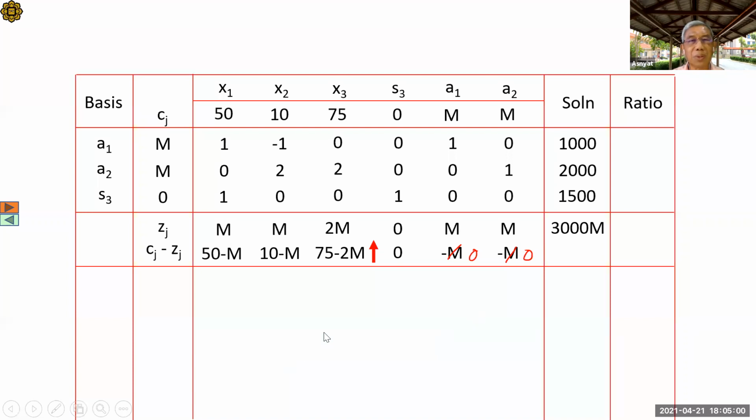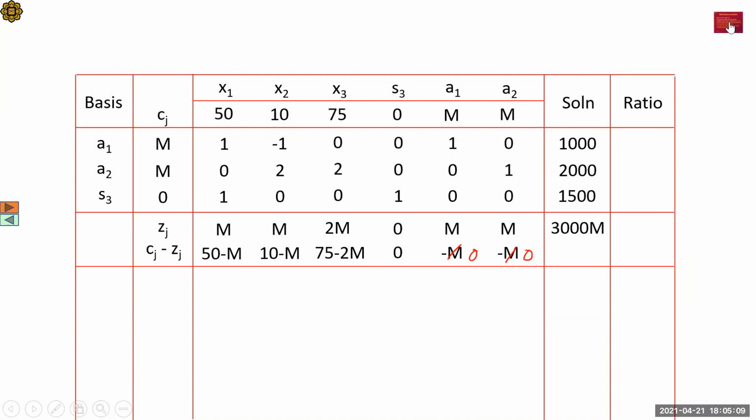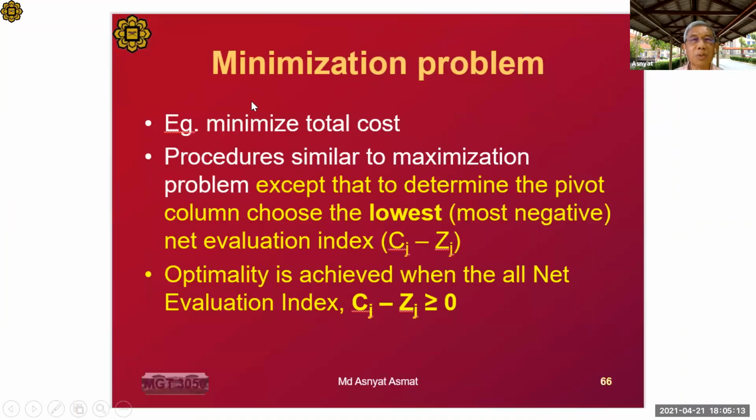How to choose the pivot column? Choose the smallest one. Let's review. For a minimization problem, like minimize cost, the method is exactly the same except two things. When you want to determine the pivot column, choose the lowest or most negative net evaluation index.